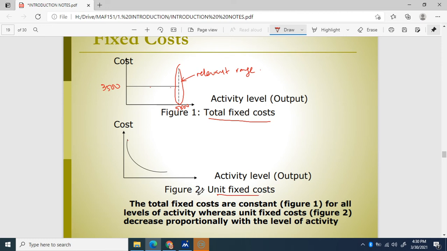This is in figure 2. But this line cannot intersect with the x-axis, because fixed cost per unit cannot be zero, even though the quantity keeps increasing. Okay, so this is the fixed cost.